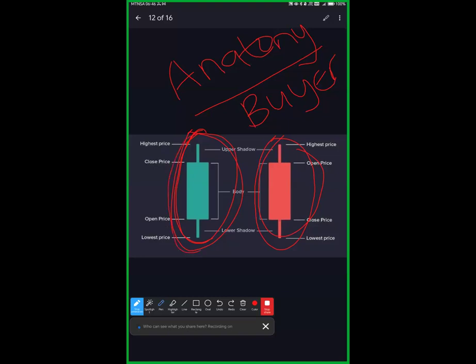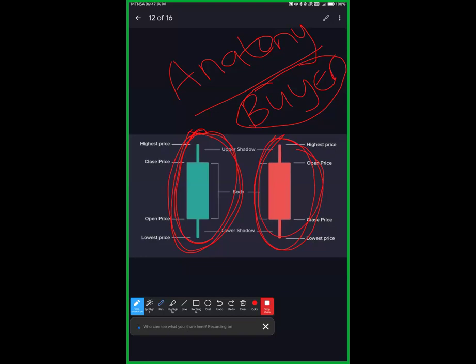A green candle is a representation of a buying pressure. And the red candle is a representation of a selling pressure or supply, or you can call it a bearish candlestick, representing those that are selling in the market.